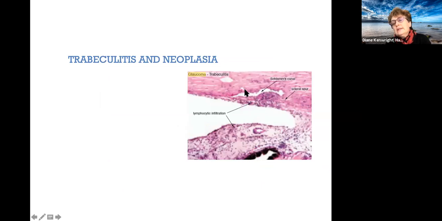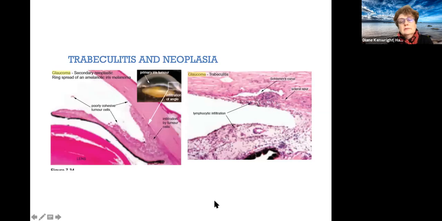Very occasionally you get lymphocytic infiltrates in the iris, you get uveitis, and then you get trabeculitis. And sometimes you can get cancer, tumor cells, growing in the angle. So that's cellular infiltration. And that was my very fast review of what you should have learned from the textbook.